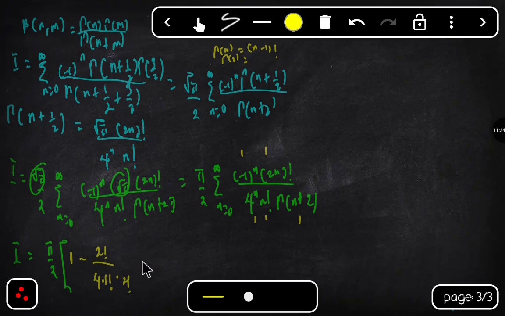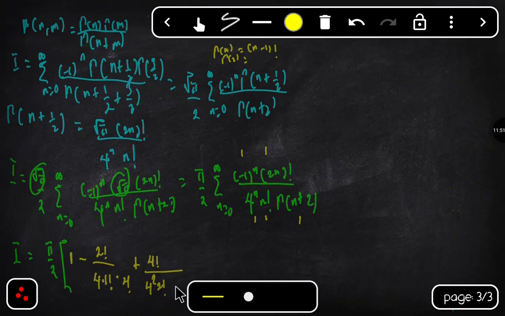Okay, so when you substitute n to be 2, (-1)^2 will give us 1, so you have plus 1. Okay, so let me just remove that one because it's just 1. So when you substitute n to be 2, 2 times 2 will give us 4, so we have 4 factorial, then over 4^2, 2 factorial, okay, then 2 plus 2, 4.